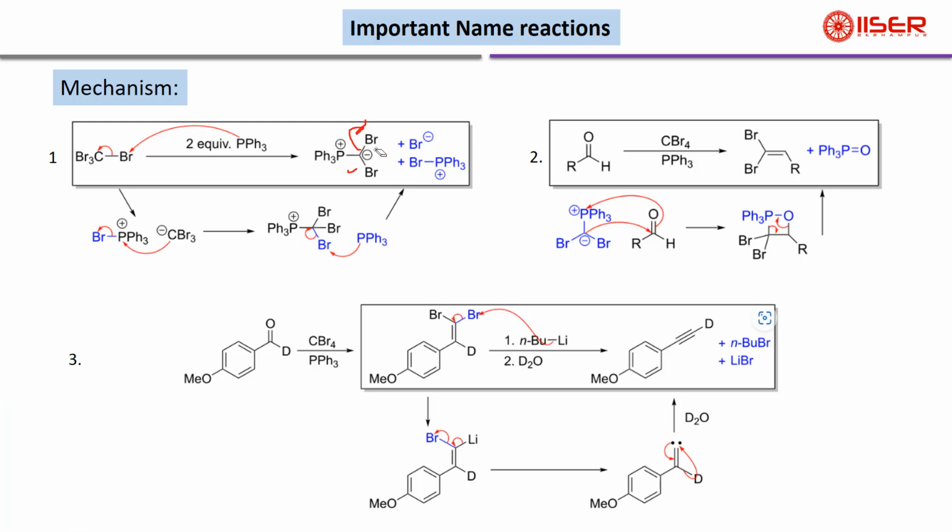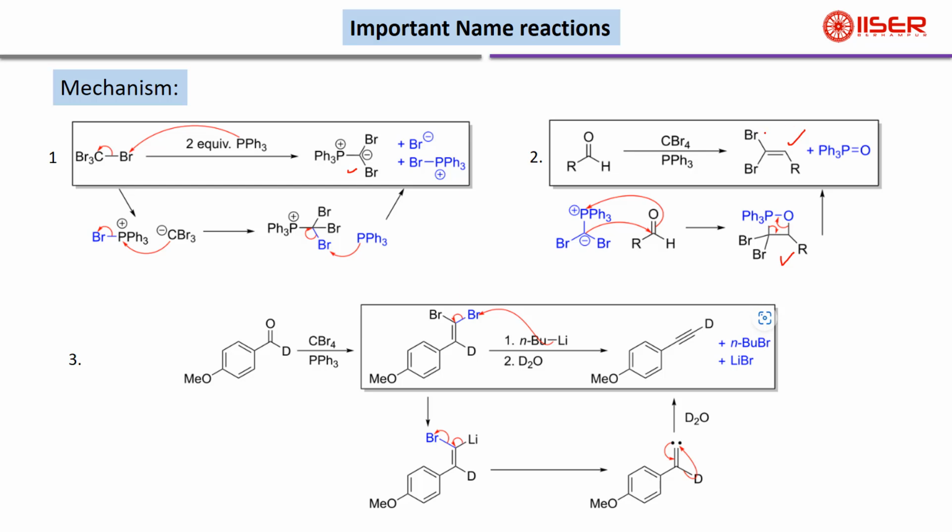Then it will react with our aldehyde and form this cyclobutane-type intermediate, and through ring cleavage it will form this bromoalkene.